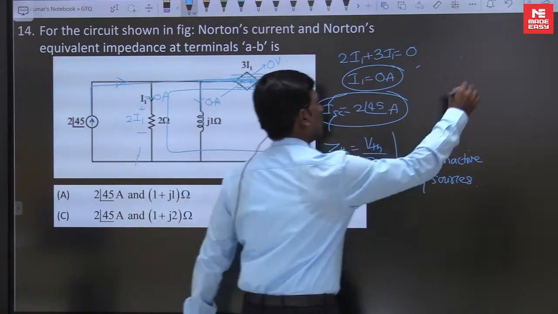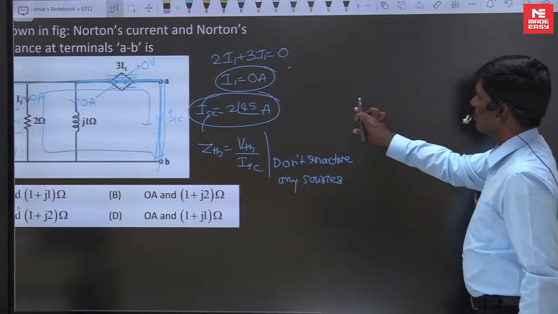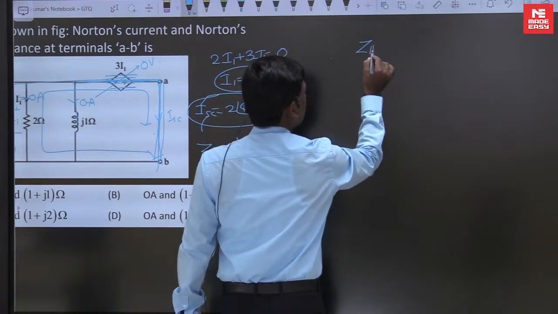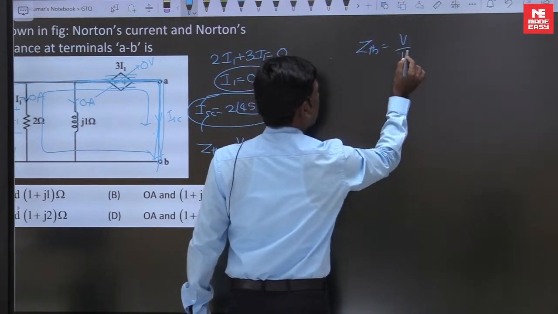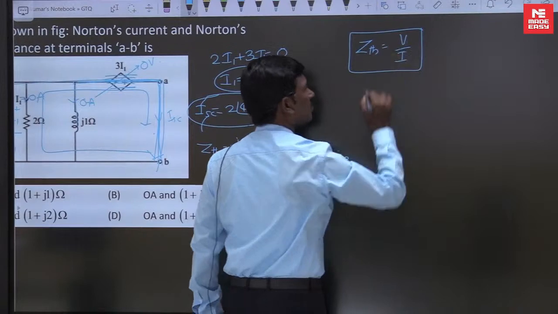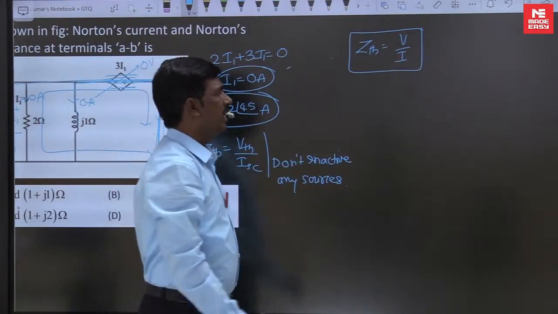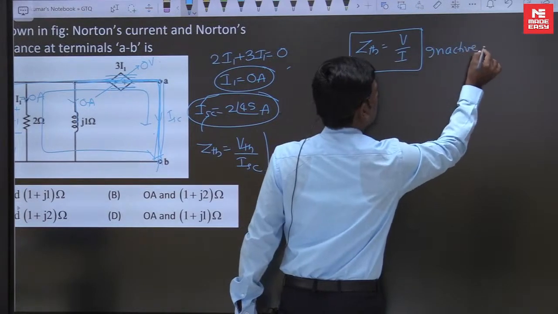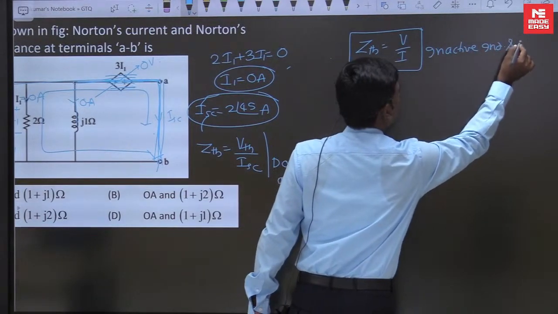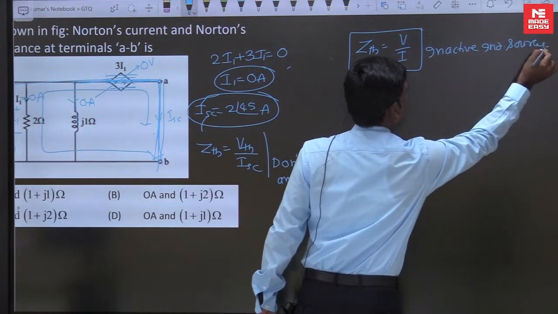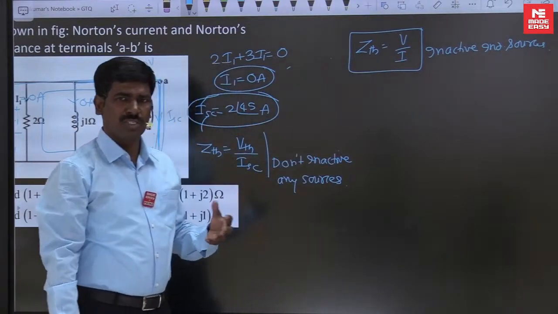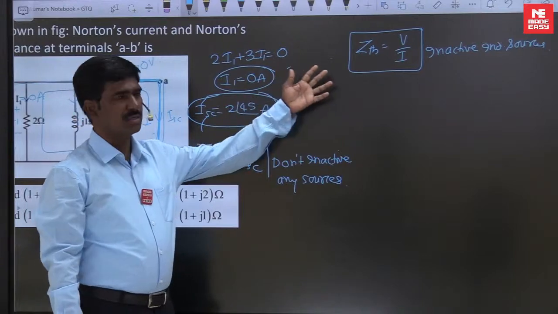Another method is using the V by I ratio. In this case, inactivate independent sources. I'm using this method. That is your choice, whether to use this or this.